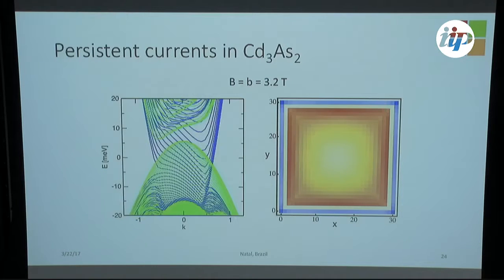Here you need to explicitly break time reversal symmetry, otherwise you of course won't have any persistent current. For the same magnitudes of real and pseudomagnetic fields, we get a similar result in that there are persistent currents both in the bulk and on the edge of the material.